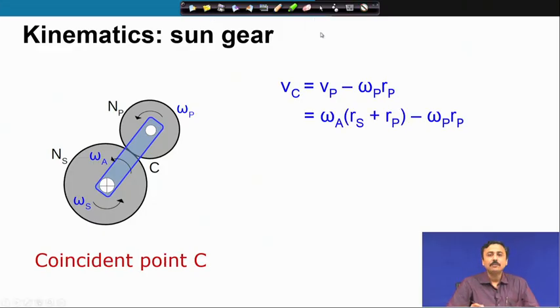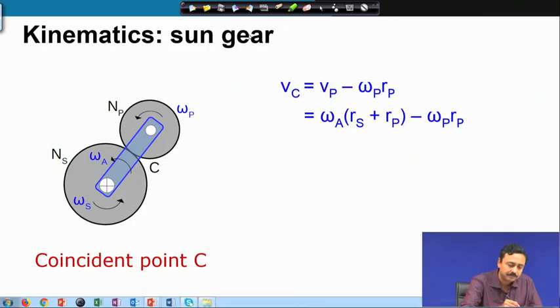Now, the velocity of the center of the planet, this vector V p which I had drawn. As I have mentioned, this is because of the rotation of the arm.